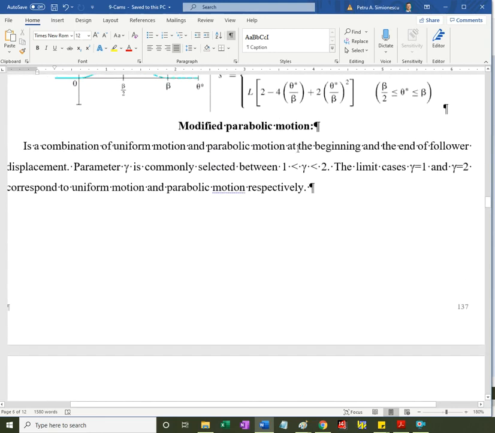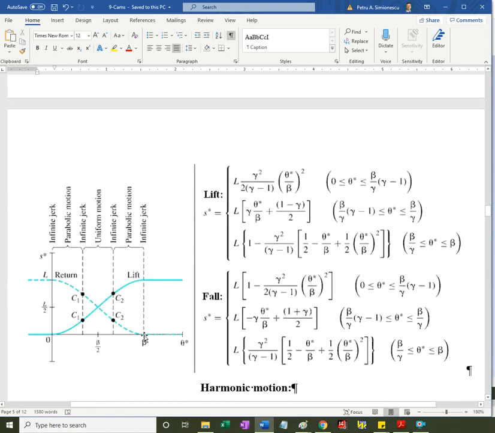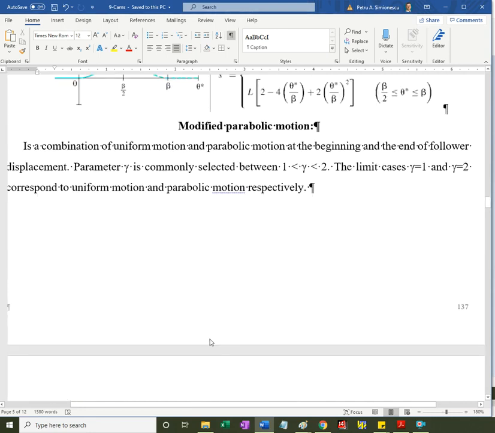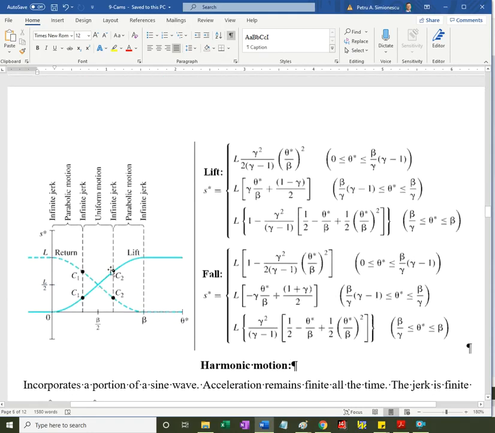So you choose gamma between 1 and 2, and gamma divides the duration of the return or the lift such that you have uniform motion in between. If you have gamma equal 1 or gamma 2, then there's no uniform motion in between. So this essentially vanishes. This in-between term vanishes.